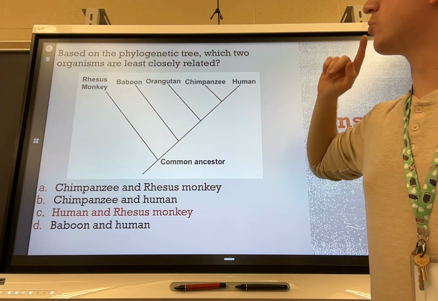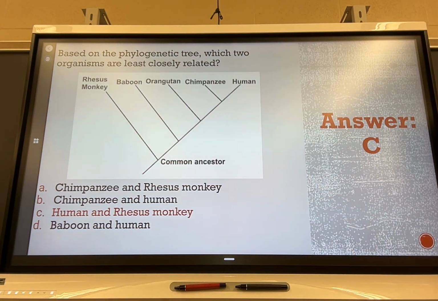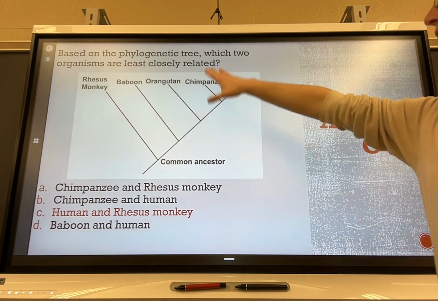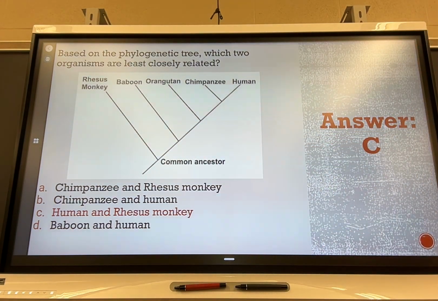The closest relative will be the chimpanzee. We actually share about 96% of our DNA in common with chimpanzees. So they are our closest relative, and the rhesus monkey is the farthest relative.